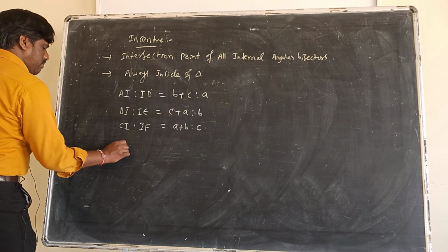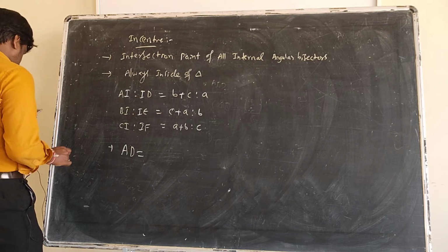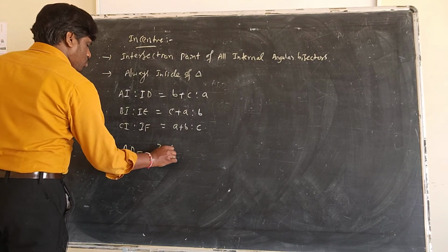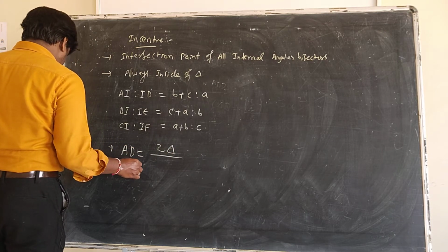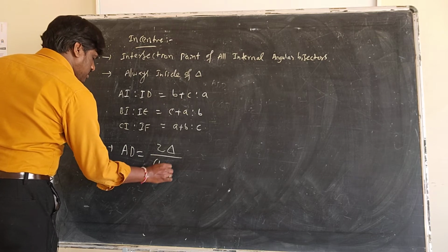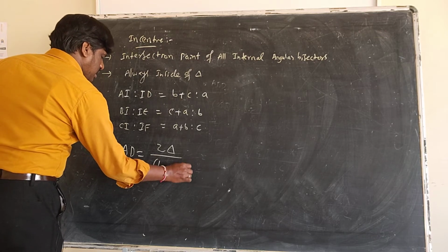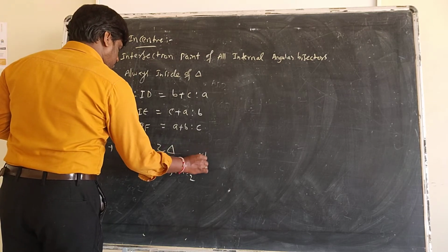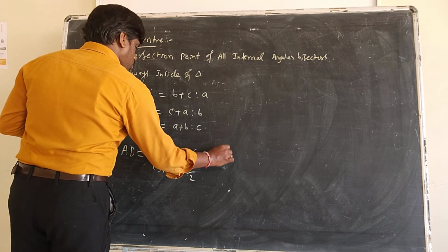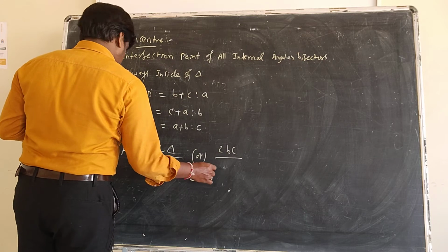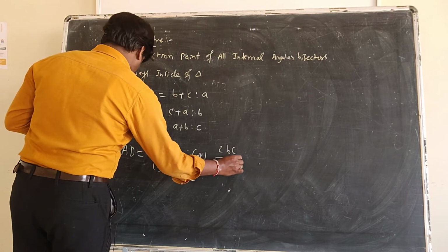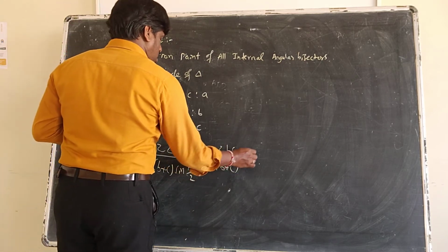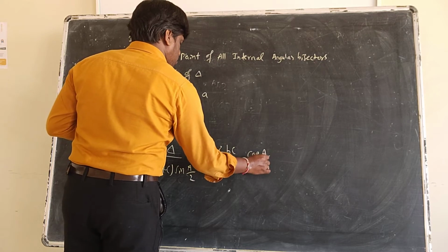And to find the angular bisector formula: 2 times the area of the triangle delta by B plus C, into sine A by 2. Or you can use another formula, 2BC by B plus C, into cos A by 2.